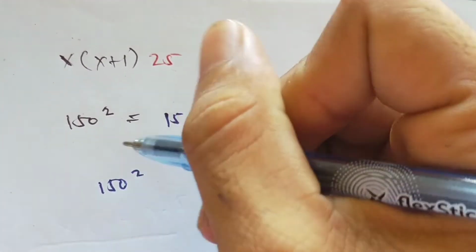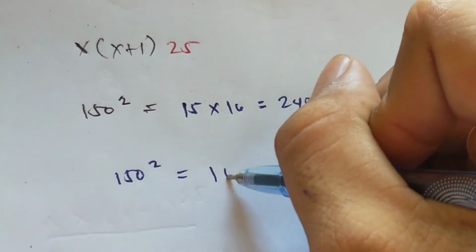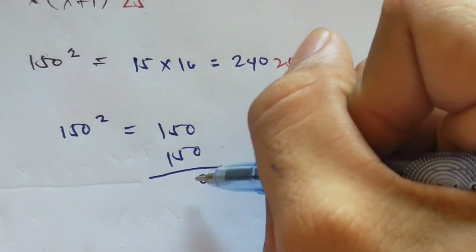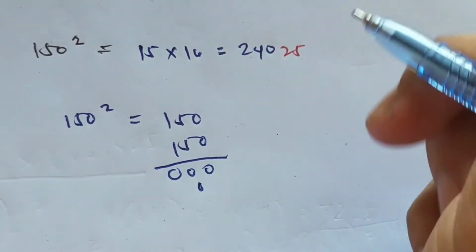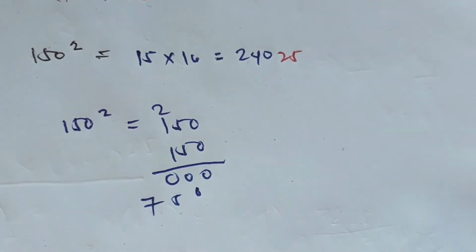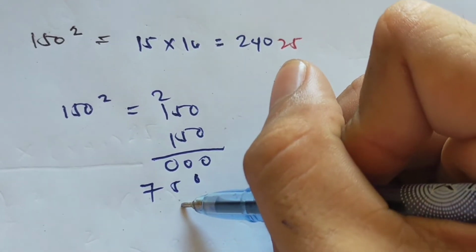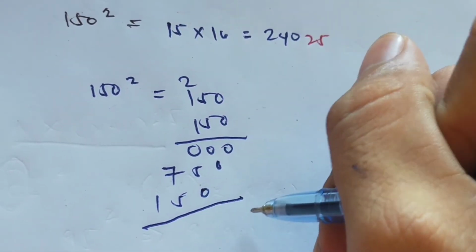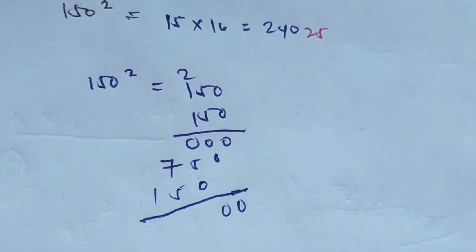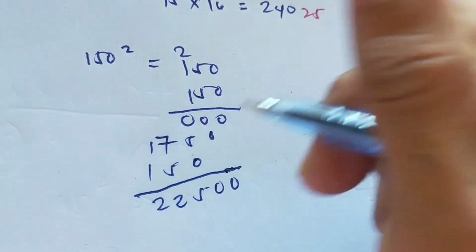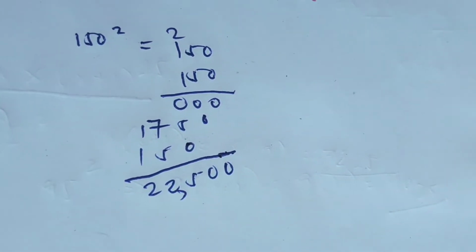So 150 squared is equal to 150 times 150. As we can see, 0, 0, and then 0, 5. So that will be 750, and then 0, 5, 1. So the answer will be 22,500.